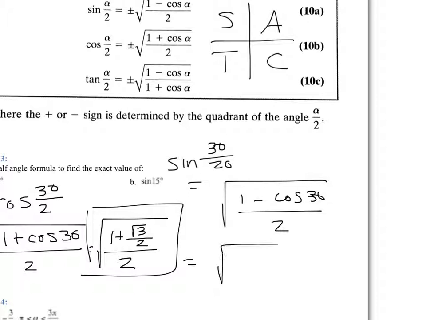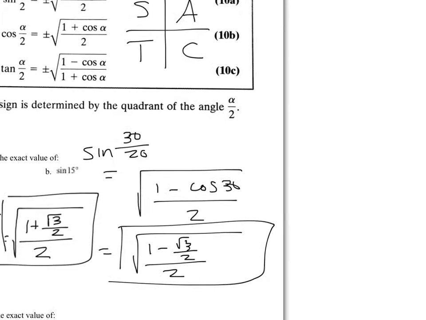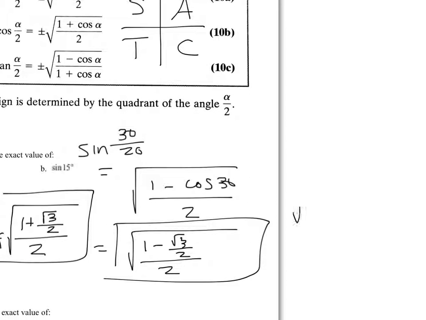That's the same thing as the square root of (1 minus the square root of 3 over 2) over 2, and we'll just leave it as that. Again, what we found yesterday, this is equivalent to the square root of 6 minus the square root of 2 over 4. I believe that's what we found yesterday, because that was 60 minus 45 gives us 15.